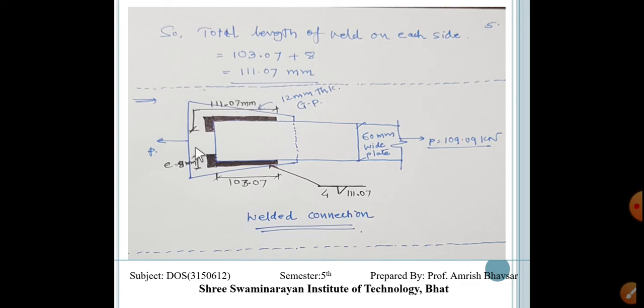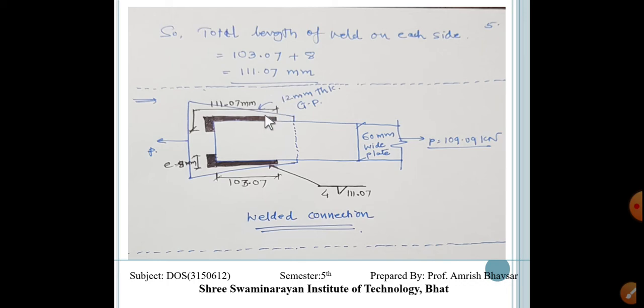So refer to this figure. This is our gusset plate and this is our member which is taking the force of 109.09 kilonewton, and to resist this much tension we have found the length of welding with 4 mm size.